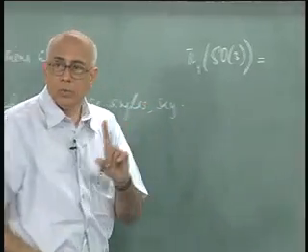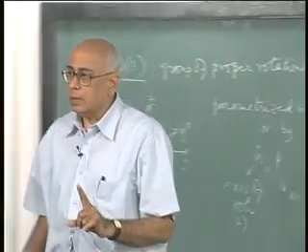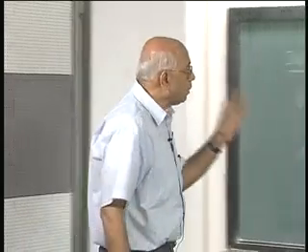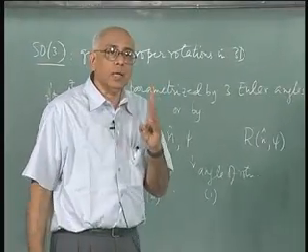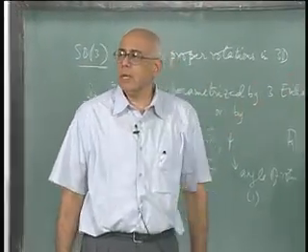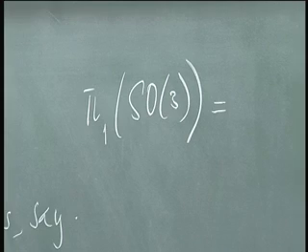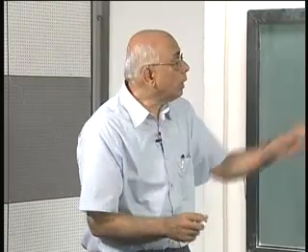is not equal to the trivial group with just one element, it is not simply connected, nor is it Z, nor is it the set of integers which is what S1 was. Pi 1 of SO3 has 2 elements. There are 2 equivalence classes of closed paths, those which can be shrunk to a single point immediately, and those which can be shrunk to a point only after twice traversing the path.